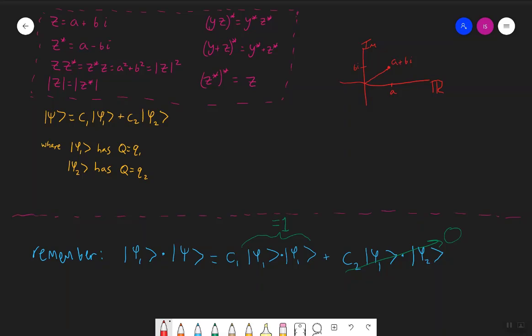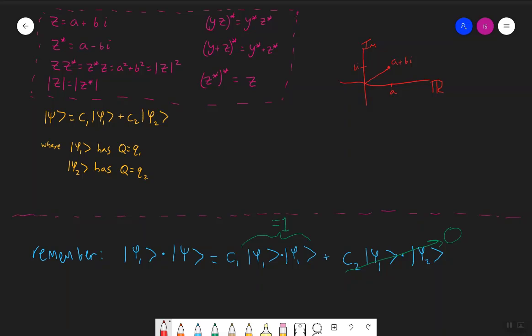Okay, the next thing you can see, really just by using that equation, is that the absolute value of a complex number z is the same as the absolute value of its complex conjugate z star. If we have 2 complex numbers y and z, you multiply them and then take the complex conjugate. That's the same as multiplying their complex conjugates. So (yz) star is equal to y star times z star.